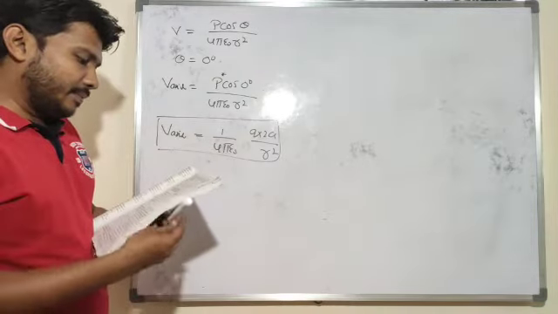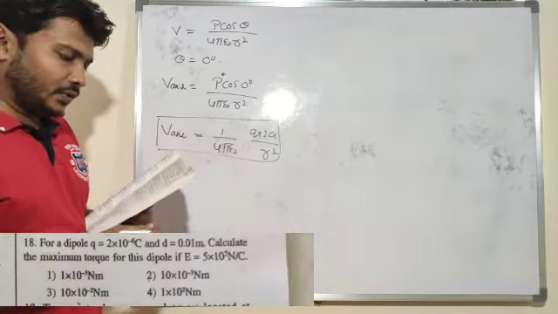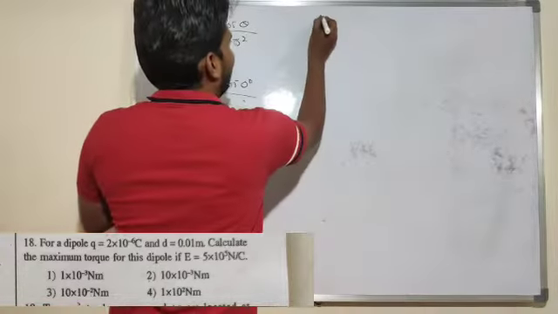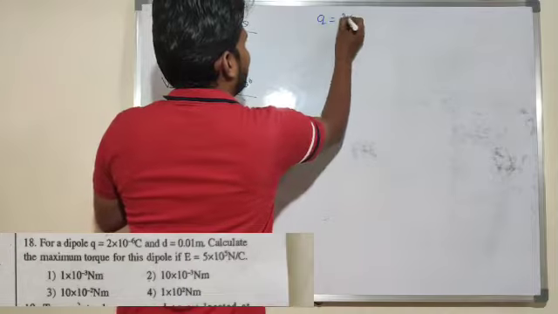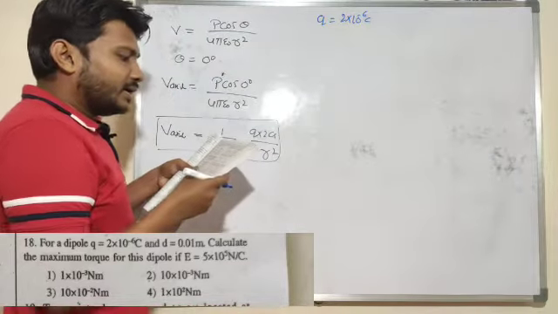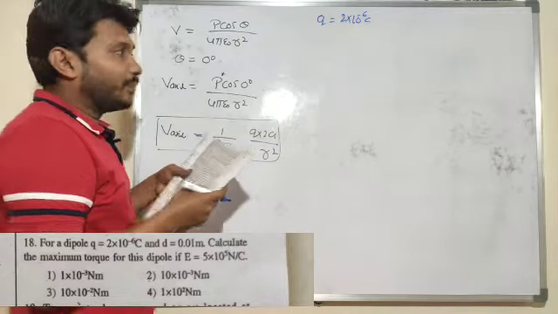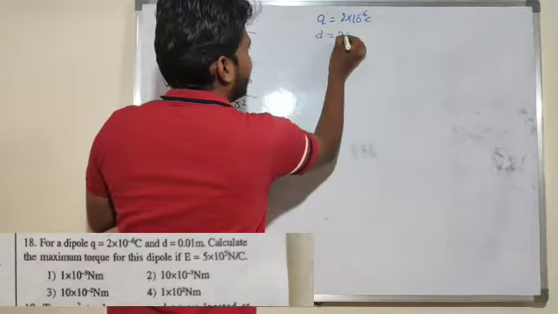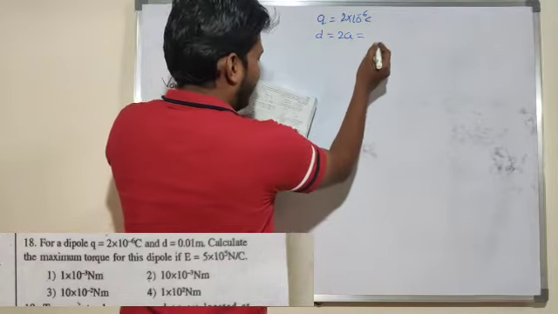So for a dipole, Q is equal to 2 into 10 to the power of minus 6 coulomb. So for a dipole, what is the charge value? 2 into 10 to the power of minus 6 coulomb here, and the distance, means the dipole length, value is 0.01 meters. So D is nothing but 2A here, 0.01 meter.